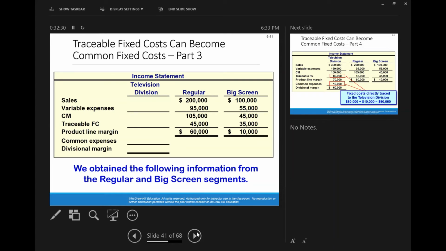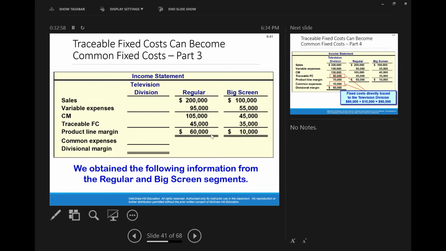We didn't break out what was being sold within the television department. So we have our regular TVs and our big screen TVs. We can look at the breakdown of our sales, variable expenses, contribution margin, and what's traceable and fixed costs for each segment to come up with that product line margin.